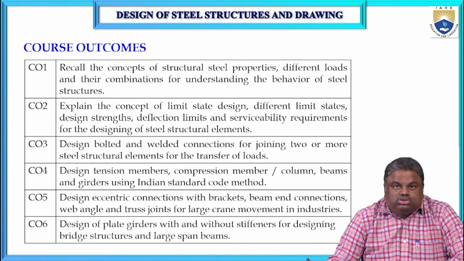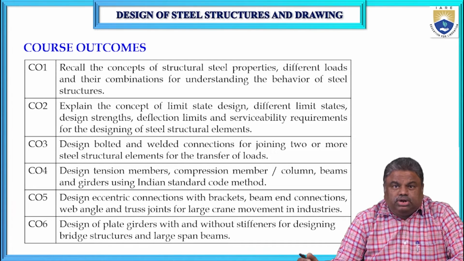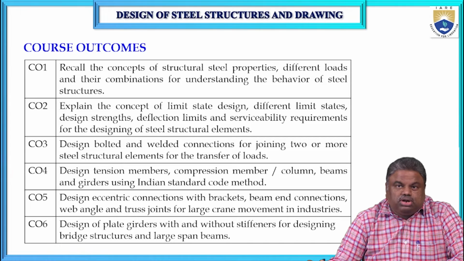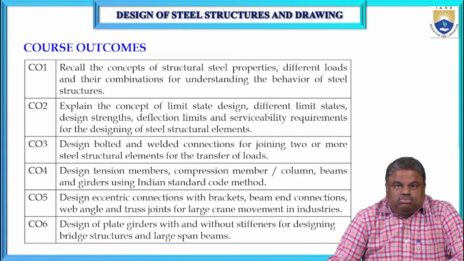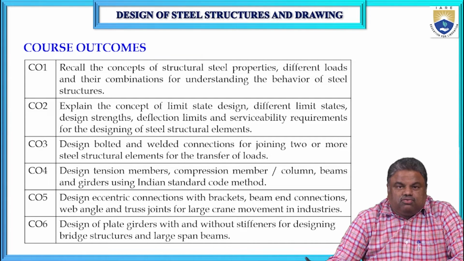If you come to the course outcomes, the entire course outcomes have been divided into six outcomes. After completion of this course, you will be able to know all these things. We'll see the course outcomes one by one. CO1 is to recall the concepts of structural steel properties and different loads and their combinations for understanding the behavior of steel structures.